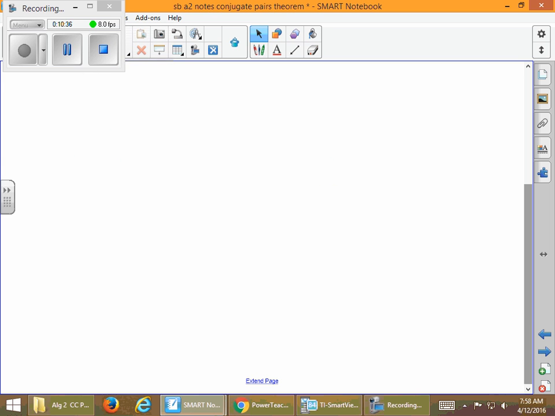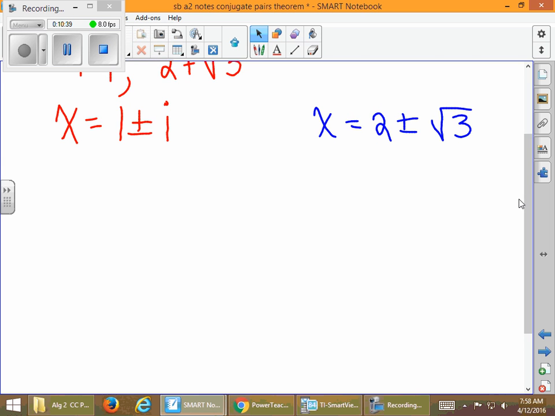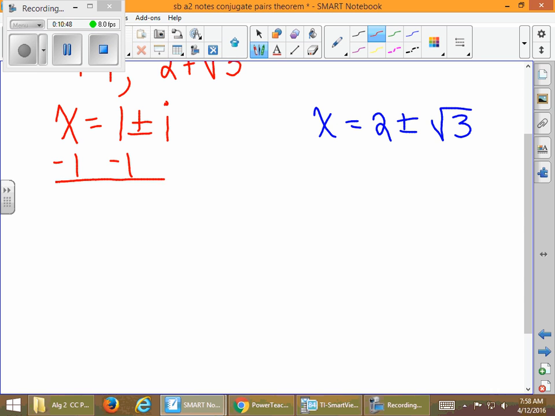So what am I talking about? Well, the first thing is we are going to isolate the plus or minus part of this problem. We're going to subtract 1 from both sides. When we get x minus 1 equals plus or minus i. We want to deal with that plus or minus, and the way that we're going to deal with that plus or minus is that we are going to square both sides.